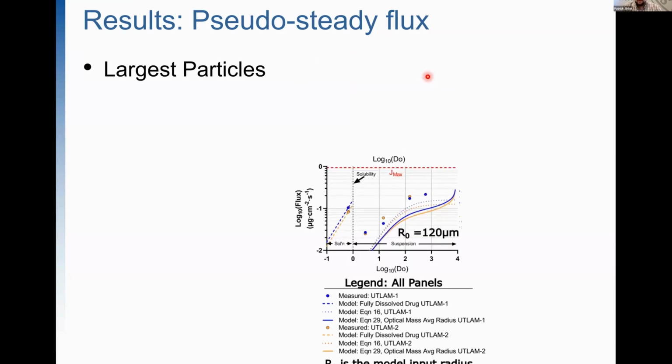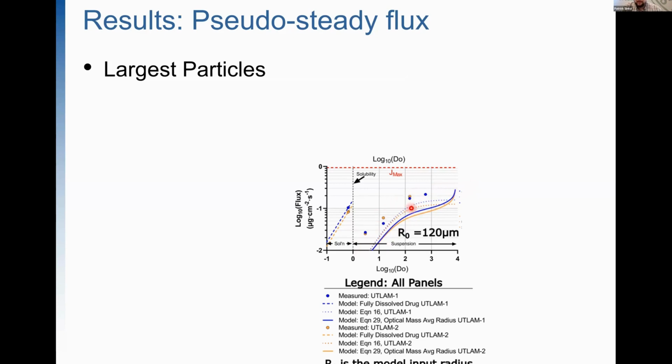Looking at our pure negative case, we again see a good agreement with the solution predictions and data generated from the diffusion cell. However, the data seems to be more aligned with the traditional film model assumptions as opposed to the under-prediction predicted using our model, which is good because we don't actually expect our model to be able to predict the particle dissolution in the boundary layer if the particles can't exist within the boundary layer.